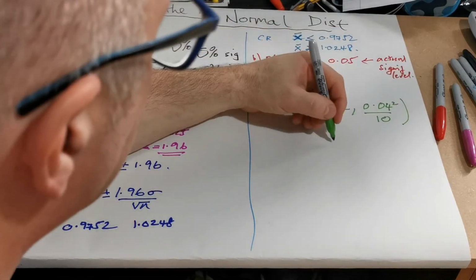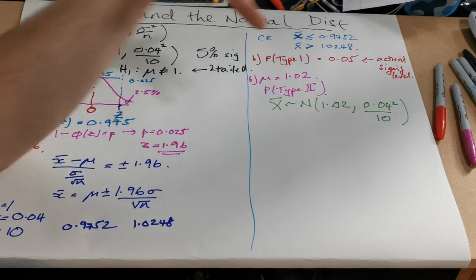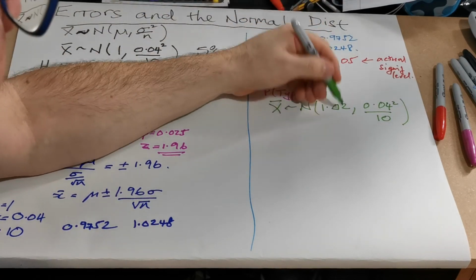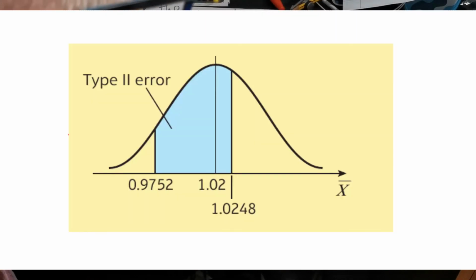And it's saying, what's the probability that I get a result that would mean I would accept H0, but actually we are out of the realms. So we're looking at the probability that x bar comes out between 0.9752 and 1.0248.